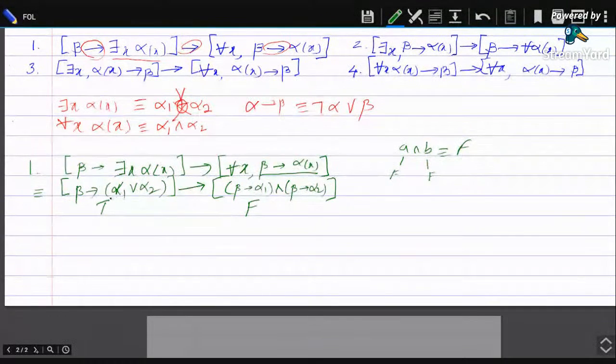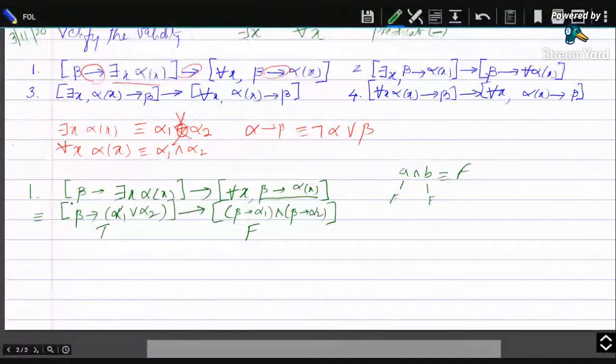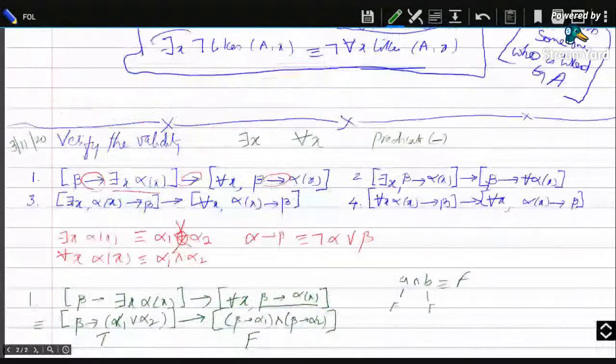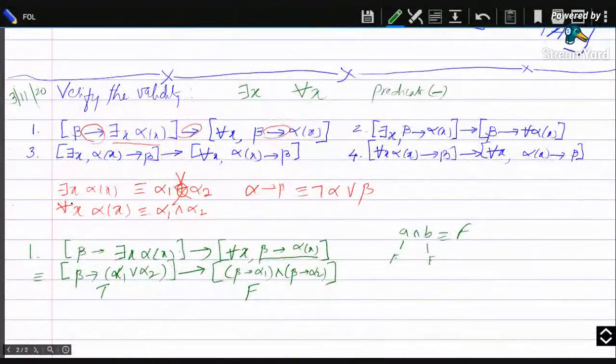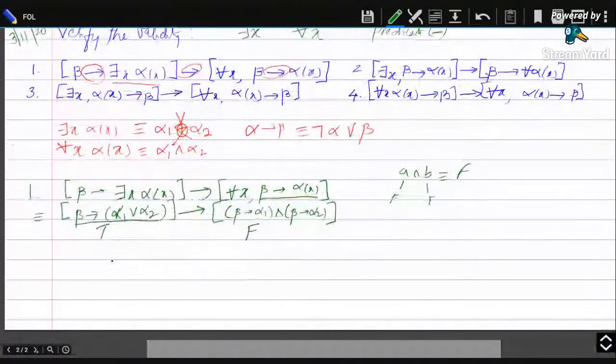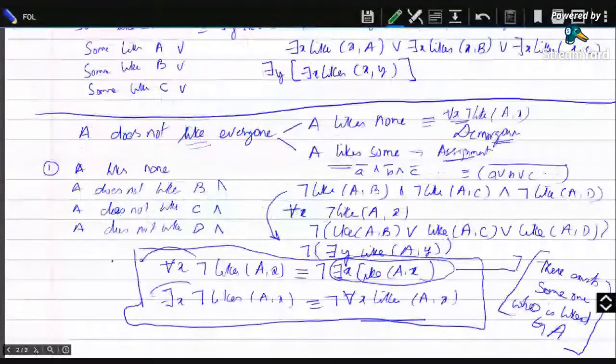Now, I want the left hand side to be true. So for the left hand side to be true, what do you want? What is left hand side? Left hand side is another inference, and you want the inference to be true. And what is the easiest way to make inference true?